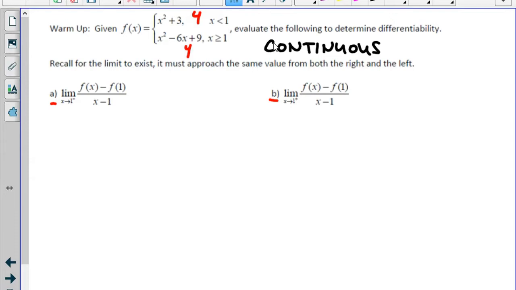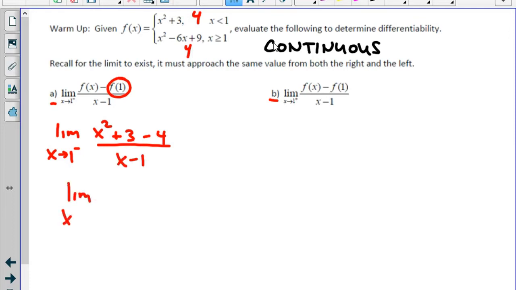So what we do is we look at this function here and its derivative from both sides. So the limit as x approaches 1 from the left of f of x, which is x squared plus 3, minus the value of the function at 1, which is 4. Since it's continuous, it works out, divided by x minus 1.